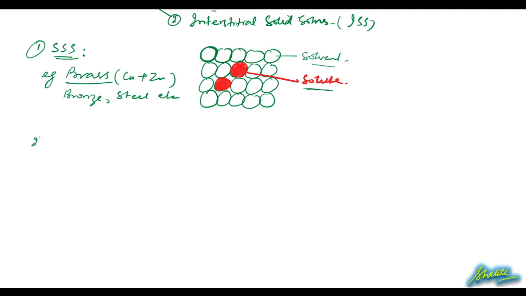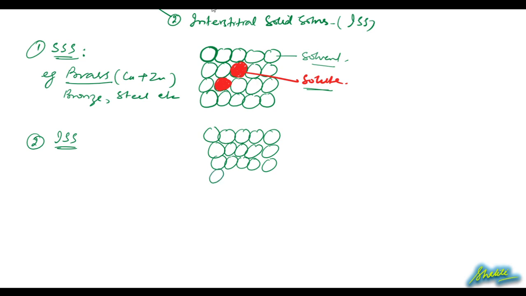Now let's talk about the second type of solid solutions, that is interstitial solid solutions. In interstitial solid solutions, the one substance is placed into the voids or interstitial spaces between the lattice.